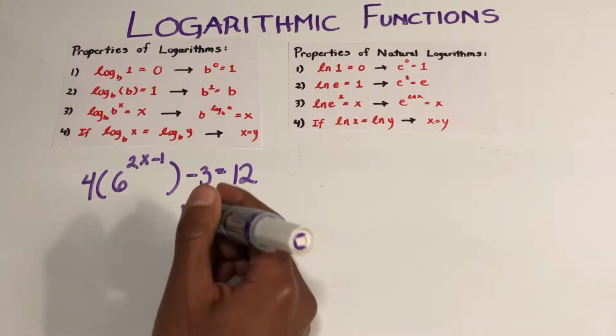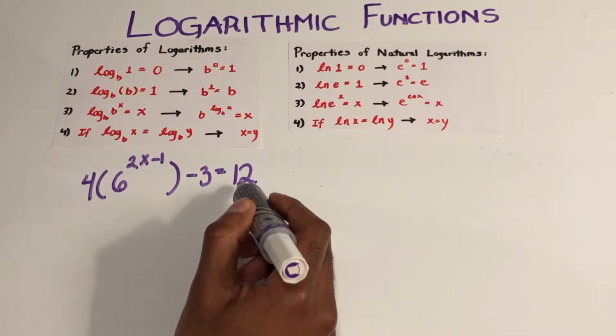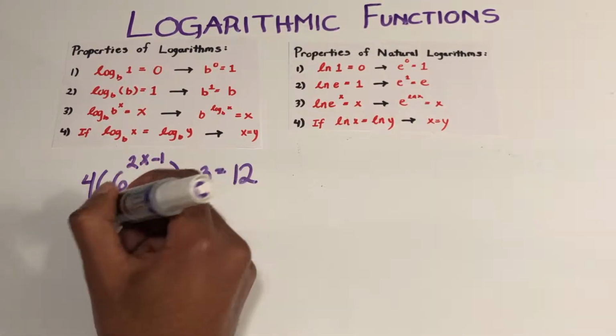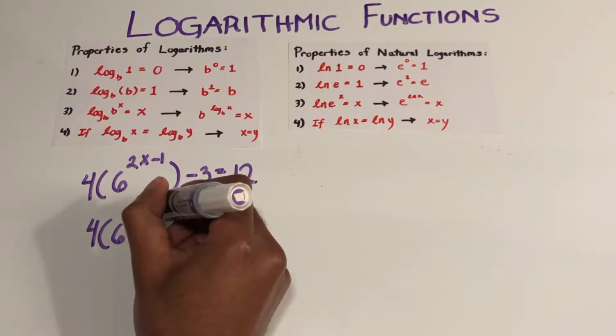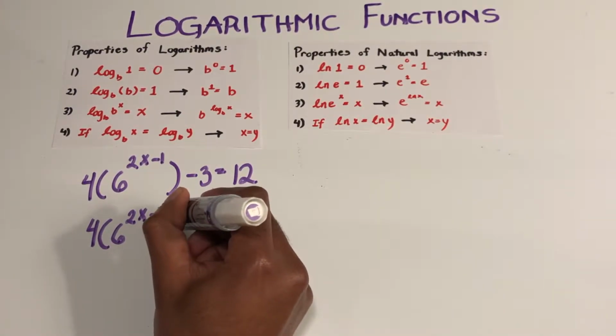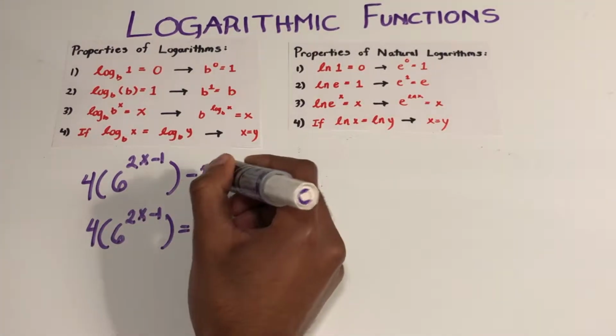First things first, let's clean up what we can. We have negative 3 here. If we move it to the other side, it's going to be positive 3. So 4 times 6 to the power of 2x minus 1 is equal to 15, right?